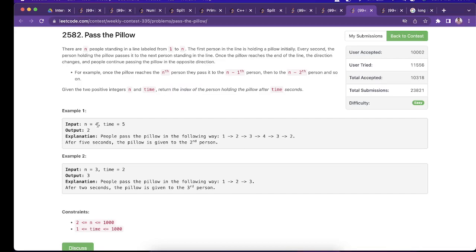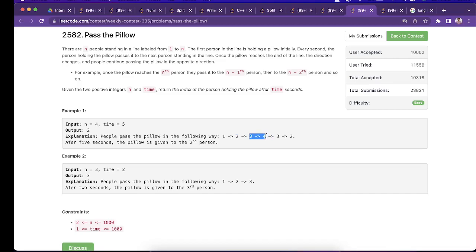Here n is equal to 4 and time equal to 5, and if we see its passing structure, it is simple enough. In the first second person 1 will pass it to the second person. In the second second person 2 will pass it to the third person, and in the third second person 3 will pass it to the fourth person.